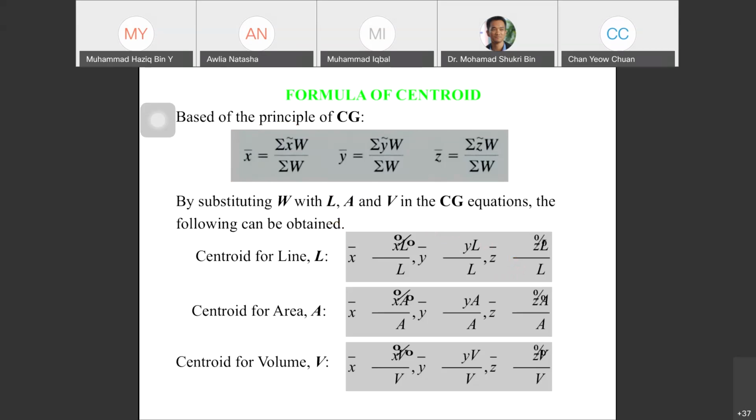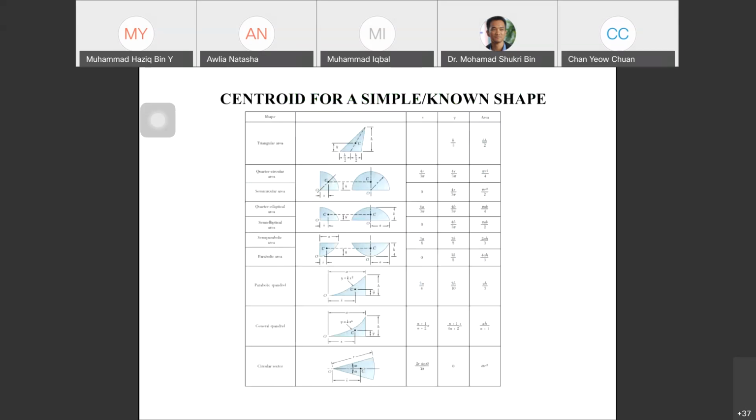Alright. Centroid for simple known shapes. We know if we have, let's say, a rectangle, the center of gravity is, of course, its center.